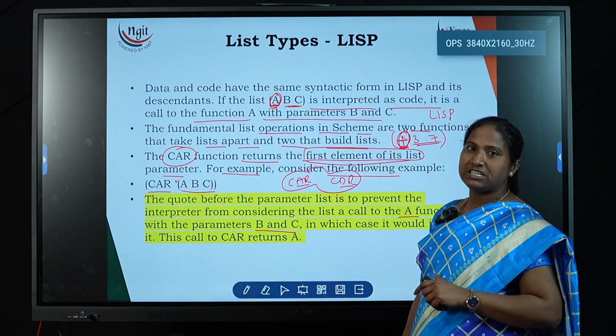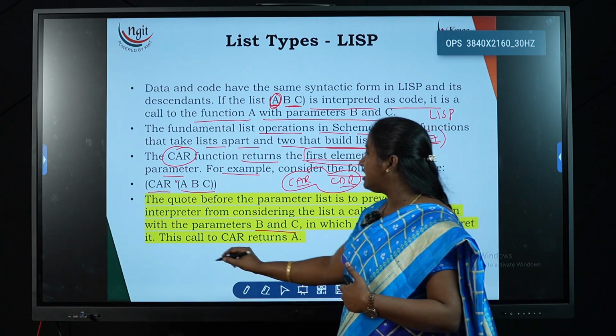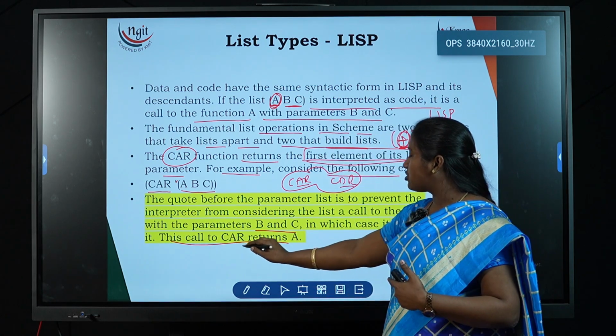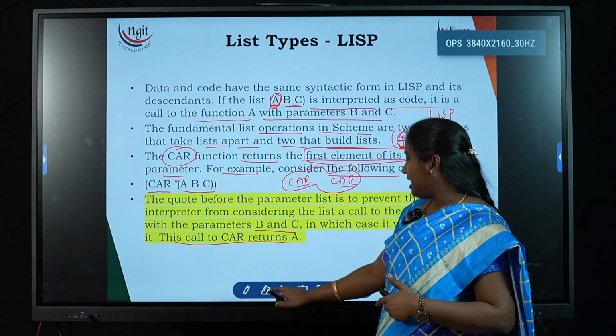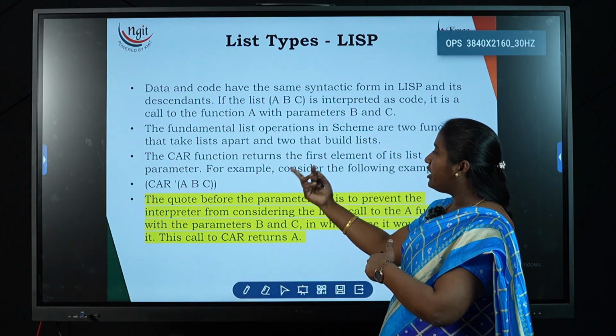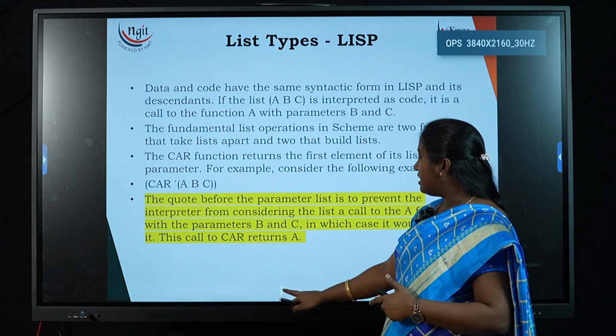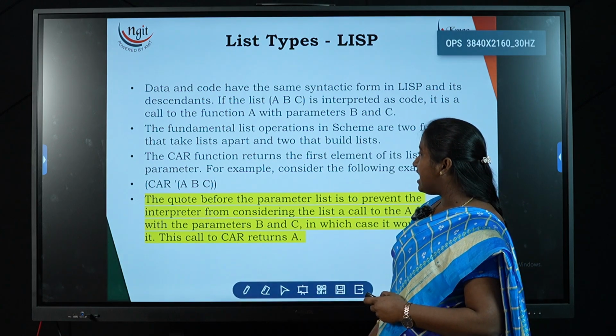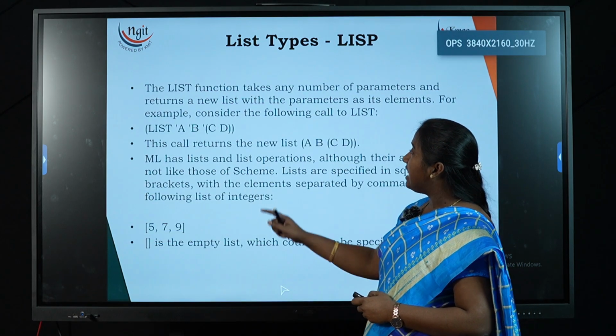First element of its list. What is the first element of its list? This call to CAR returns A. So this is what CAR does. If you want to return the next attributes, then we'll use CDR. CDR is what? Returning the next attributes.